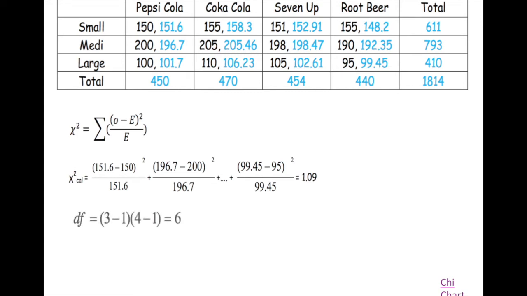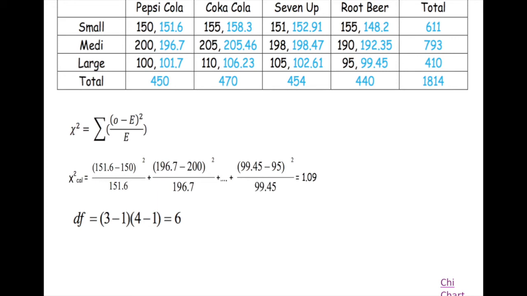And then we need to get the degrees of freedom. There are 3 different cup sizes, small, medium, and large, so 3 minus 1 gives 2. And there are 4 different types of drinks, Pepsi Cola, Coca-Cola, 7-Up, and root beer, so 4 minus 1 equals 3. And 2 times 3 we get 6.